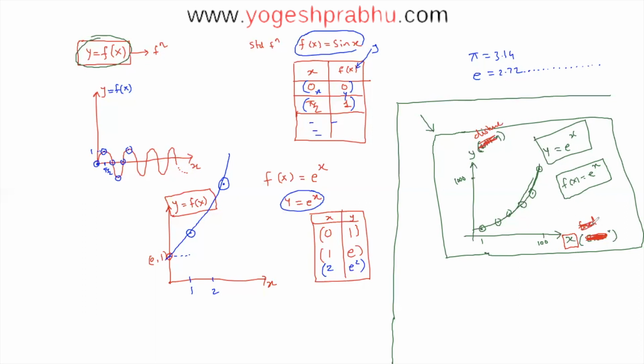I can simply say this is electricity and this is distance. Now this graph is the Tesla. Are you getting what I'm trying to do here? I'm trying to get all the real life physical objects and map them in a mathematical function, and that's what the function is all about.